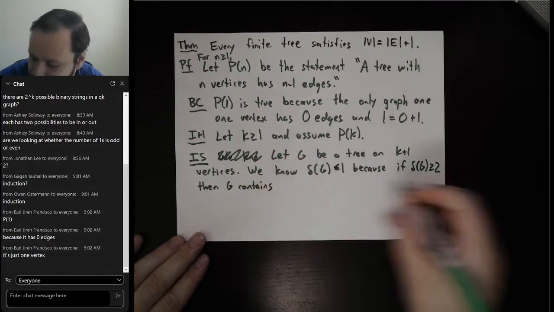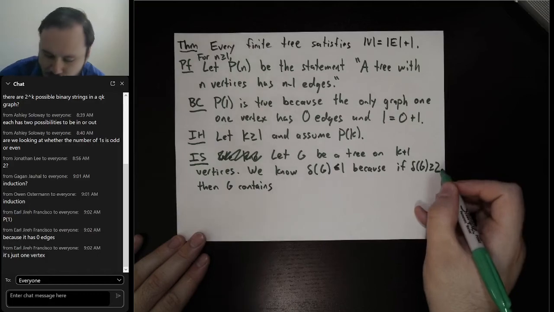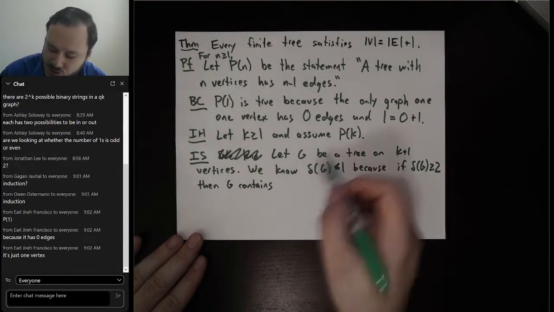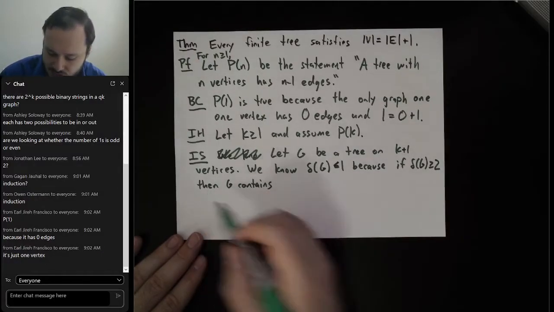Last time we proved minimal degree of G greater than or equal to 2 implies G contains a cycle, but G is a tree, so it has no cycle.